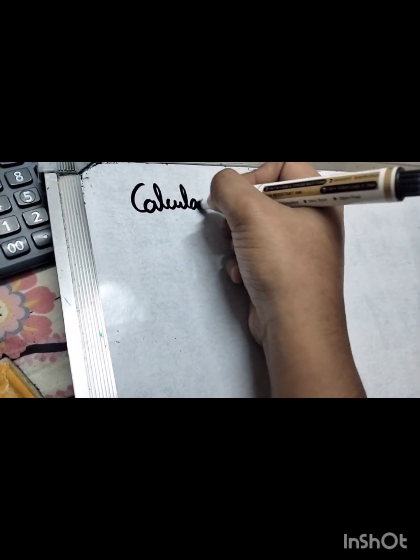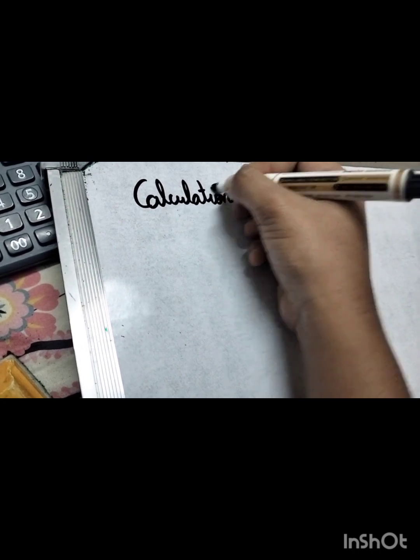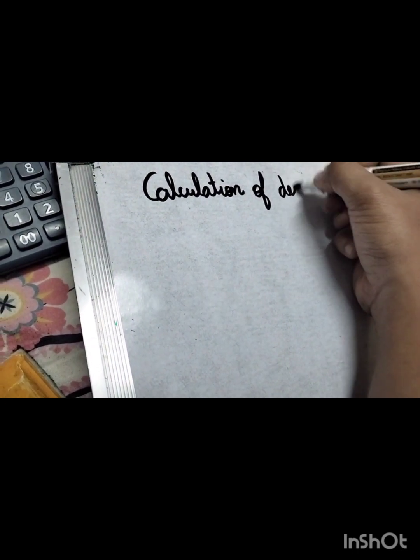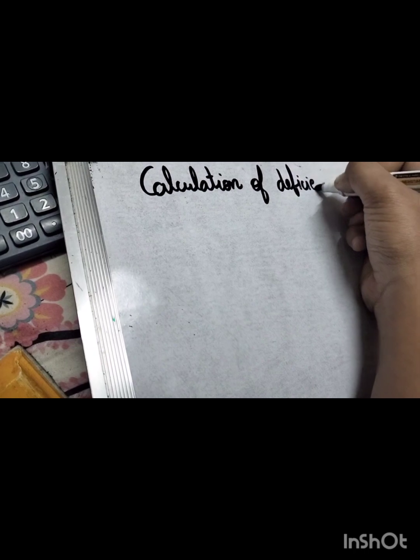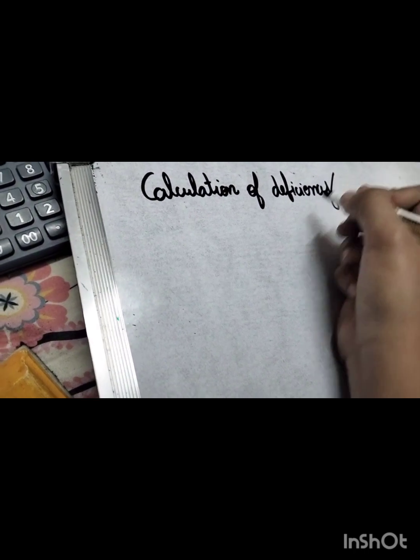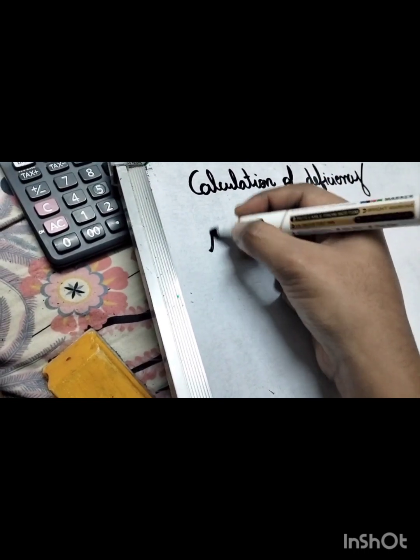So technically for this question you have a working note first. You write the heading calculation of deficiency.